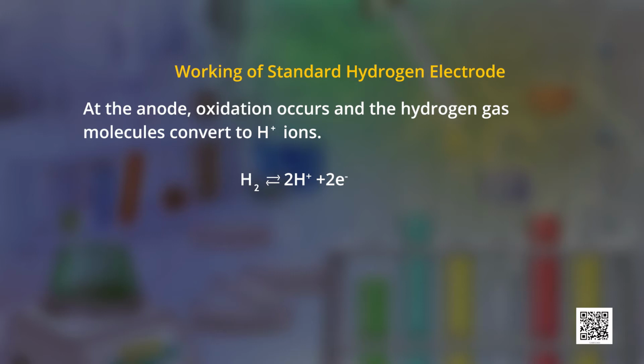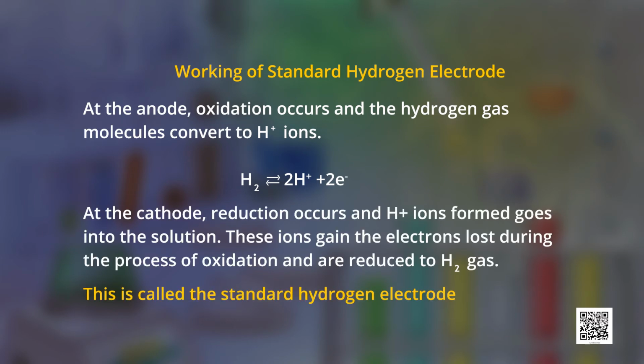A standard hydrogen electrode is chosen as a reference electrode as it is very special in its working. It can act both as anode and cathode. At the anode, oxidation occurs and the hydrogen gas molecules convert to hydrogen ions. At the cathode, reduction occurs and hydrogen ions gain the electrons lost during the process of oxidation.